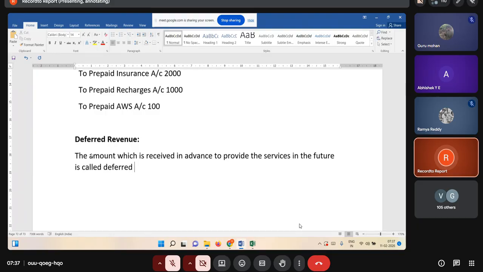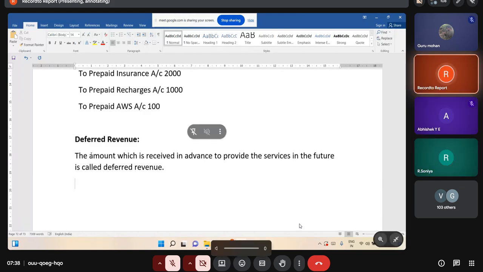For example, assume you are working with a company like Geo, guys. We even placed candidates in Geo previously, and I saw how the accounting works there. You make a recharge of 600 rupees, a prepaid recharge for your mobile according to the plan, whether it is for 1, 2, 3 or 6 months.